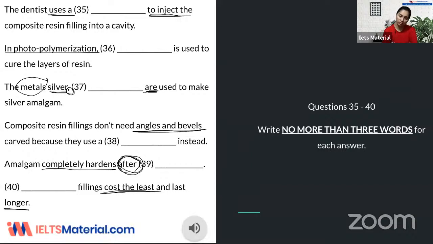The amalgam is packed tightly into the cavity and then molded and carved to fit the shape of the tooth surface. It takes about 24 hours to harden completely, so the patient needs to avoid chewing in that time. The important thing for both processes is that all the decaying tooth matter is completely removed before the tooth is filled, or the decay may return under the filling and might result in the loss of the tooth.